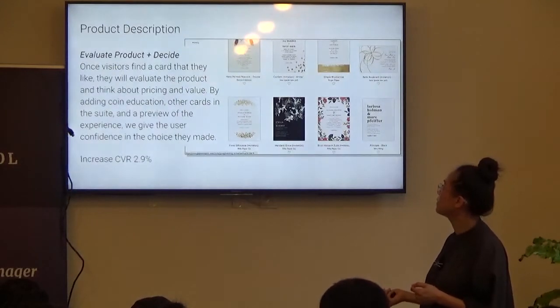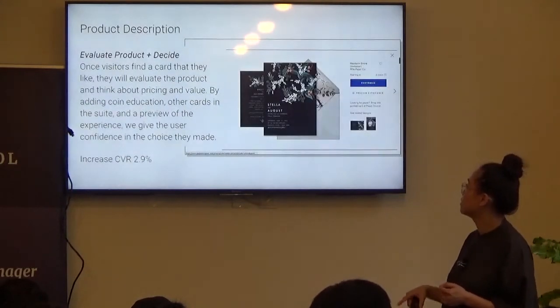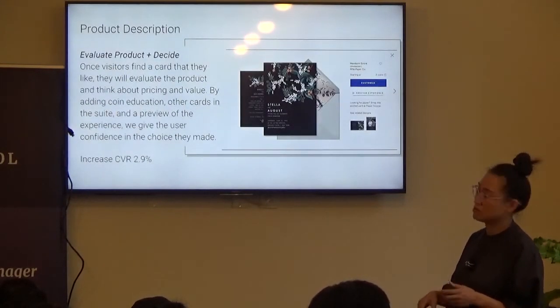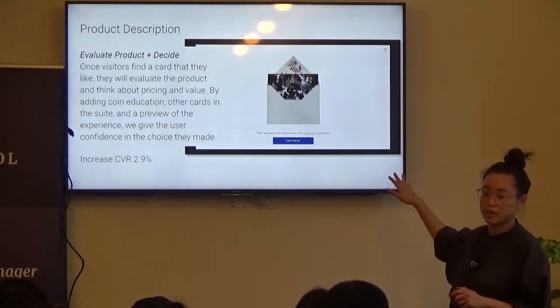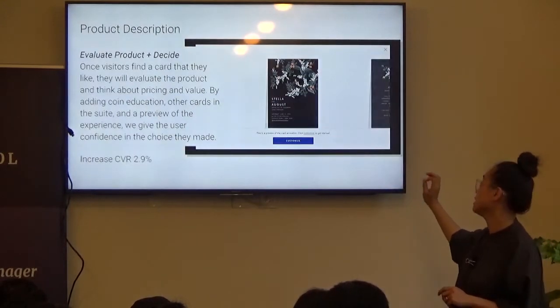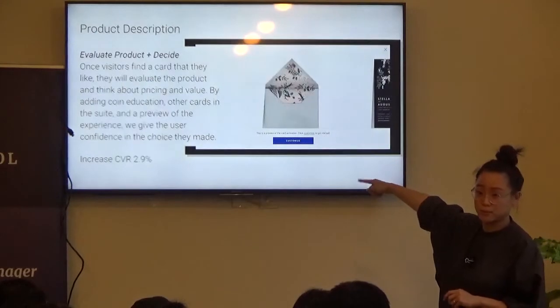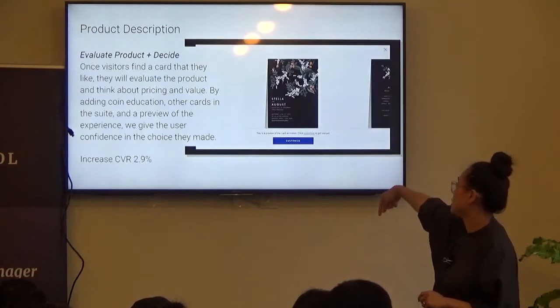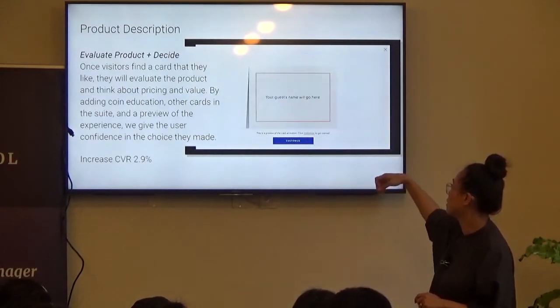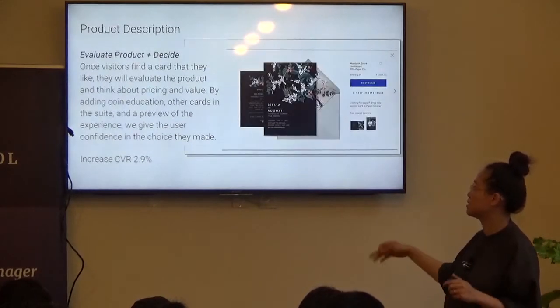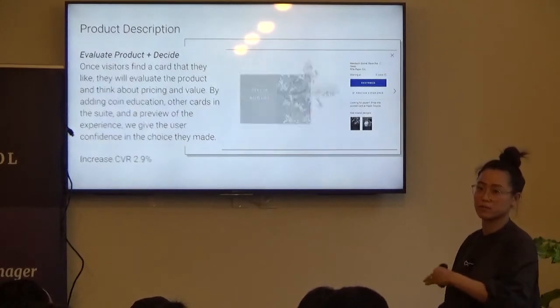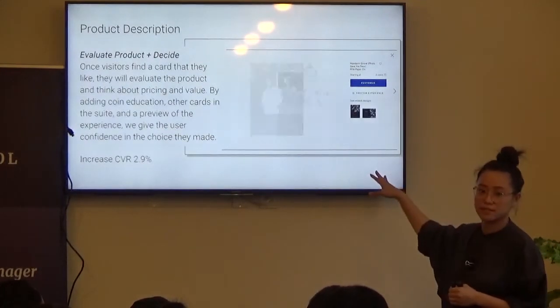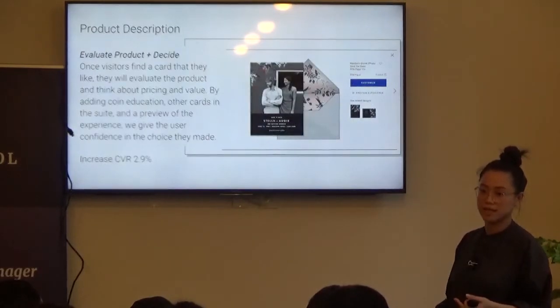And then finally, this is the product description page. This is where we try to close the deal. We try to get the user to click that big blue button. We realized that a lot of users, because we try to get them through the funnel quickly, didn't really know that there's this beautiful animation at the end.